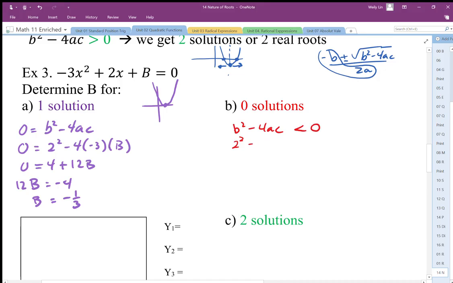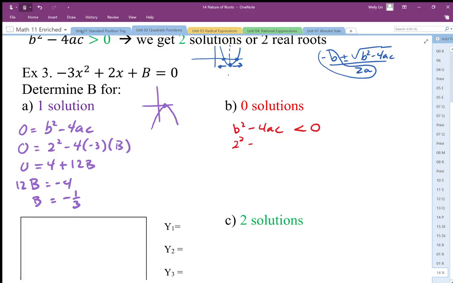Since 0 is our boundary, on one side of b we're going to have 0 solutions, and on the other side of b we're going to have 2 solutions. I should actually flip this around because this was an upside down parabola that we started with like that, and we shifted it down 1/3 to get to the bounce. That gives us the one solution here.